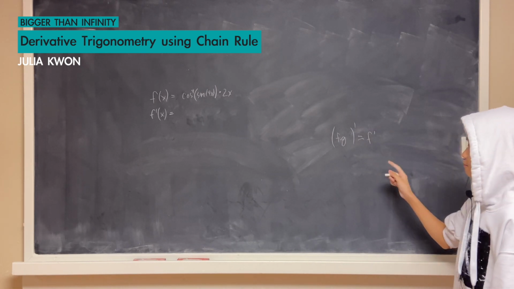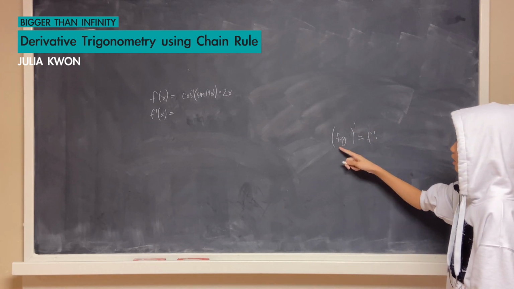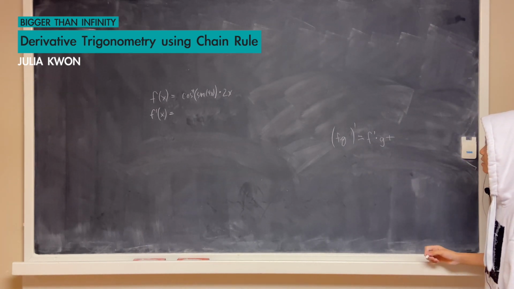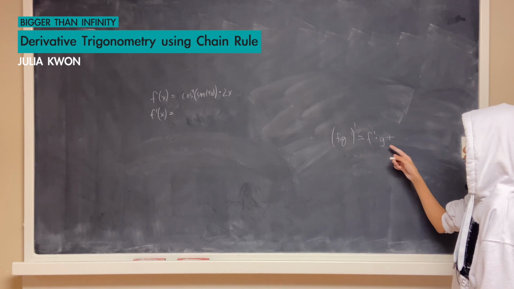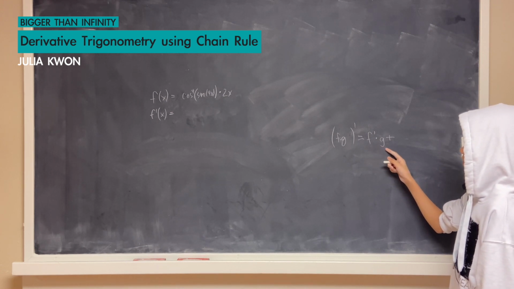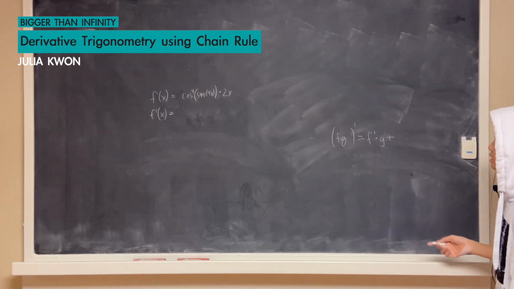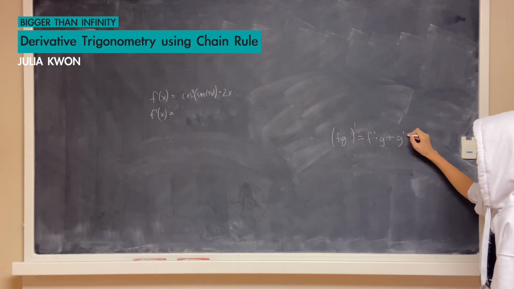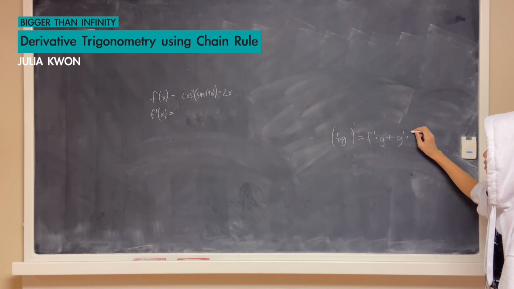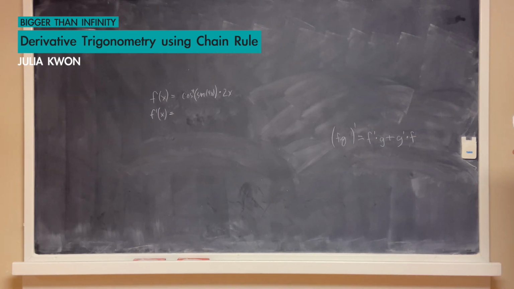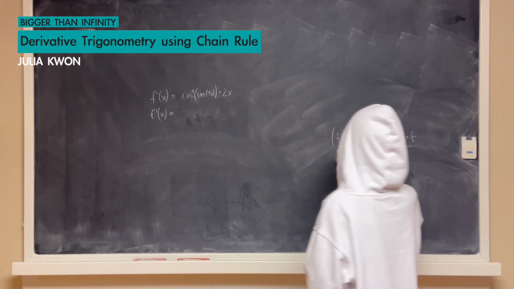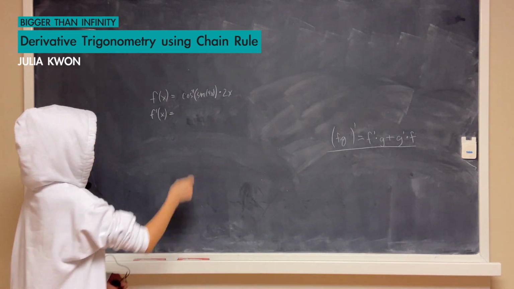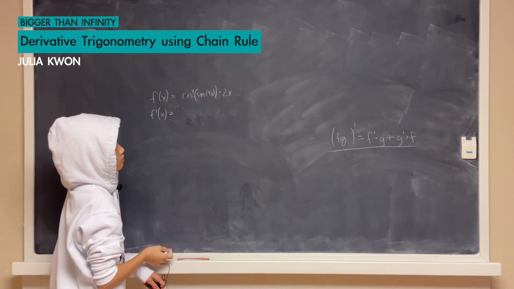So the derivative of f times the other one, and add this with the derivative of the one that you didn't take the derivative of already, that will be the g. So g prime times the other one, which is f. So this is the product rule, and we're going to use it to solve for the derivative of this function.